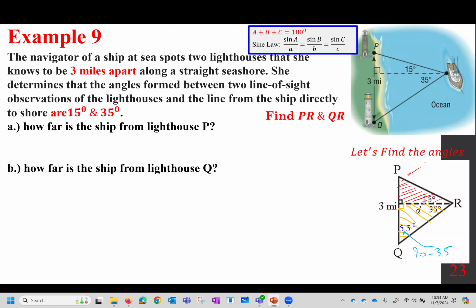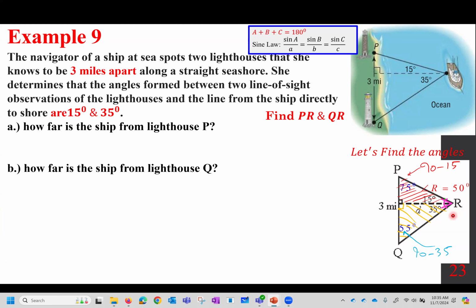This one is 90 minus 15, 75 degrees. What about angle R? What about this angle? Just add these two. This angle, 15 plus 35, 50 degrees. So angle R is 50 degrees.